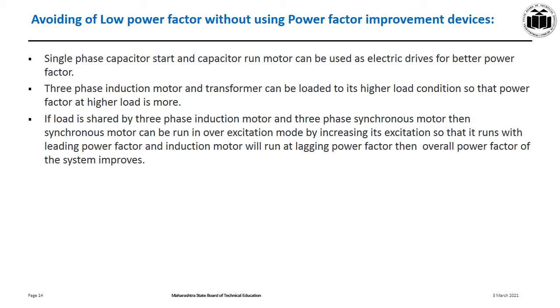If the load is shared by three-phase induction motor and three-phase synchronous motor, then synchronous motor can be run in over excitation mode by increasing its excitation so that it runs with leading power factor, and induction motor will run at lagging power factor. Then overall power factor of the system improves.